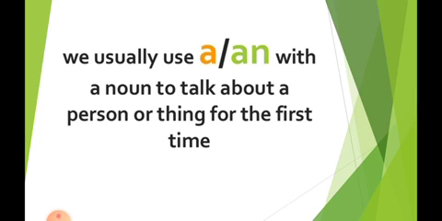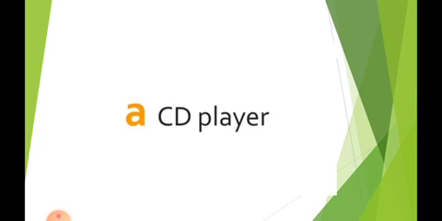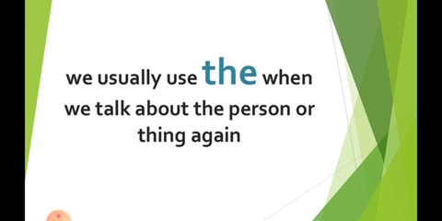When we are talking about it for the first time, we use a or an. For example, a CD player. CD player is a thing. It is a noun. So, a CD player.